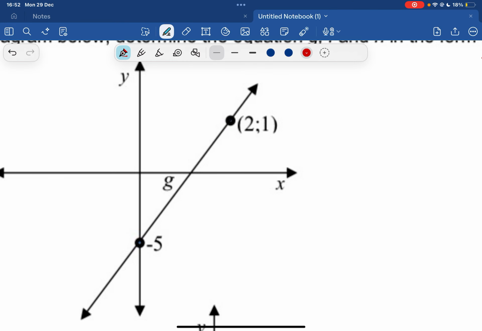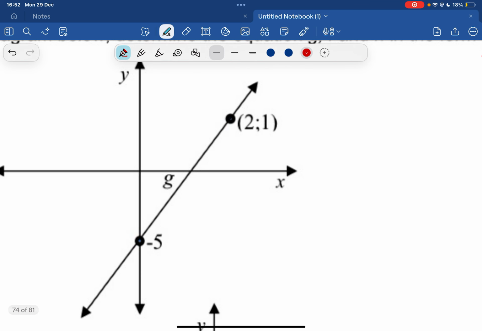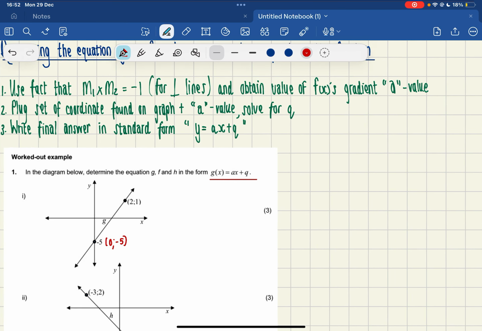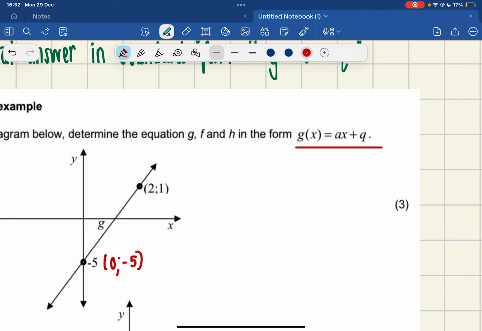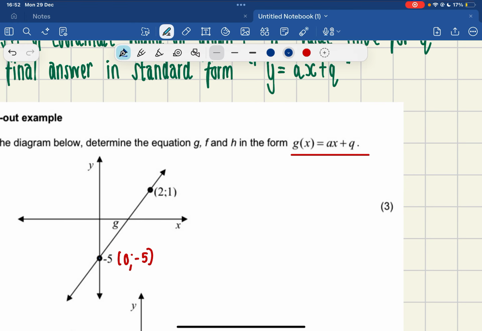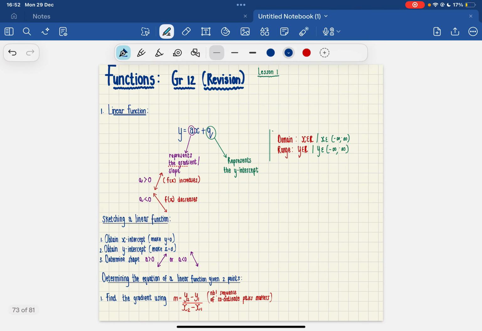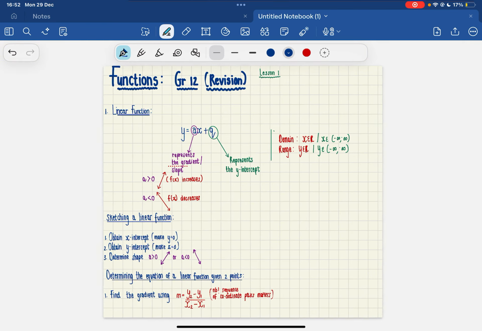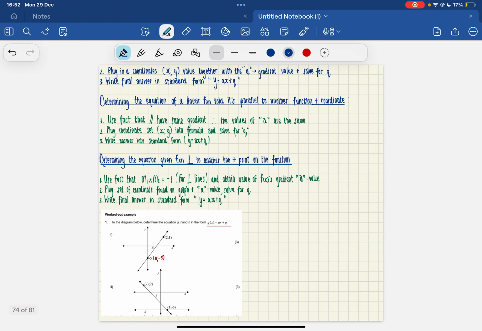We can see this point is on the y-axis, so therefore this point is (0, -5). So here we can see we're given 2 points that lie on the same graph. What would we do? We would follow this procedure: we're given 2 points, so we'd first get the gradient, then we'd plug a point into the y is equal to ax plus q formula, solve for q, and write the standard form.